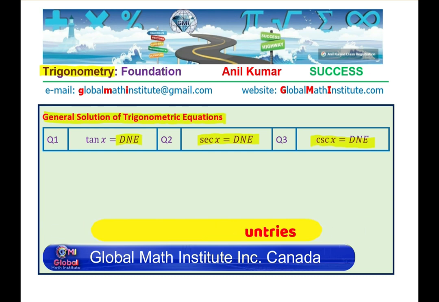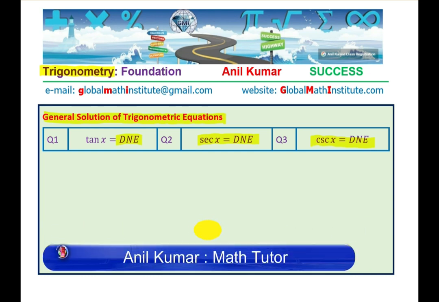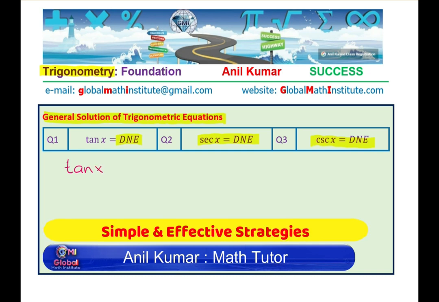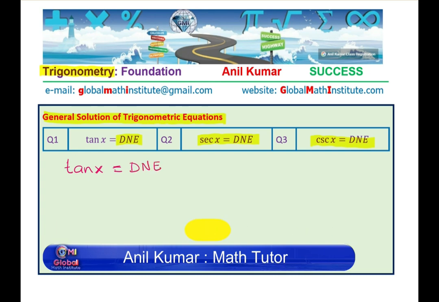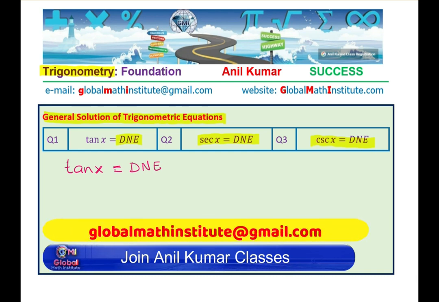Let's begin with the very first problem, which is the value of tan x does not exist. So, DNE. Couple of ways to look into this. One is we know that tan x is the ratio of sine over cos.